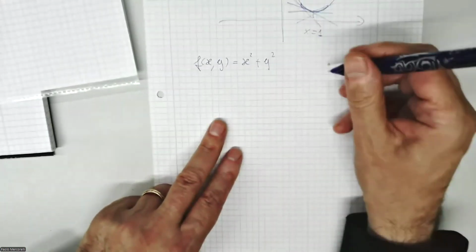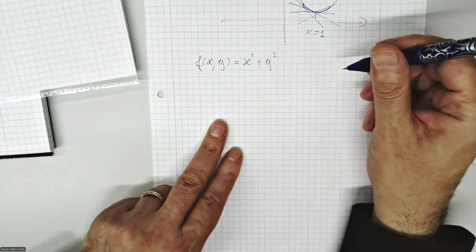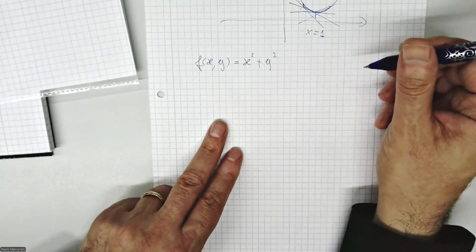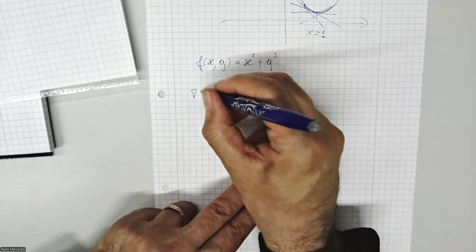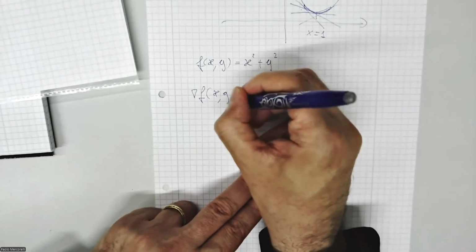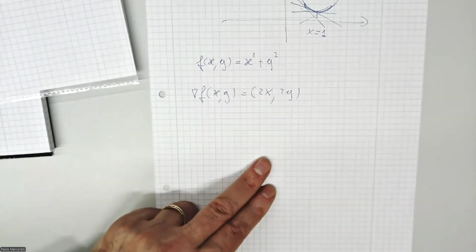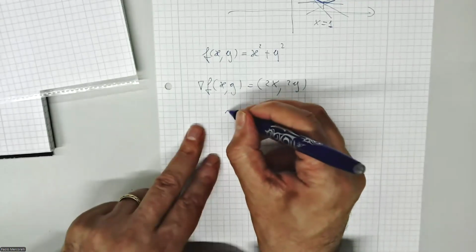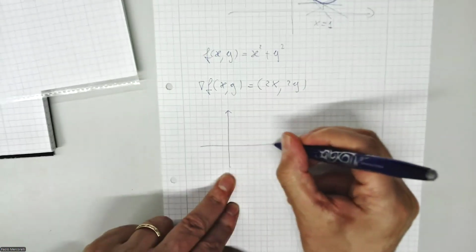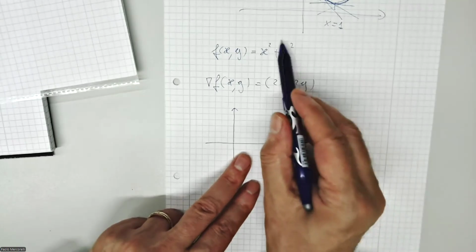We have this function. Let me calculate the gradient. Try to do at home. I sketch how we can do. If you consider now the level curve of this.